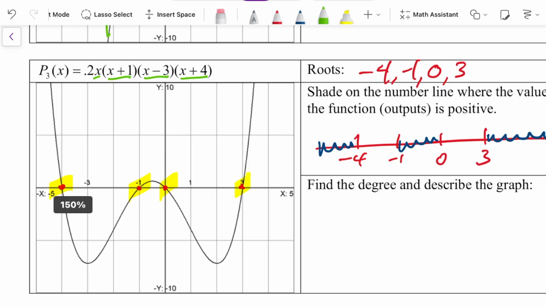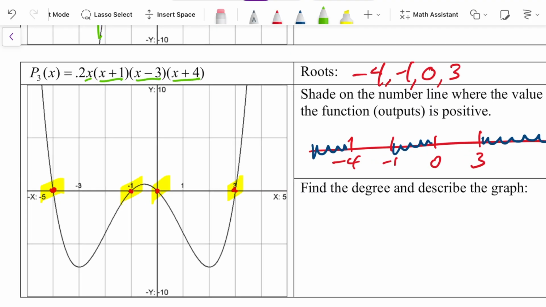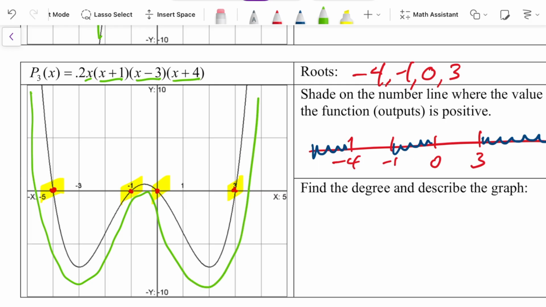The degree here, 4. We can count it 1, 2, 3, 4. The number of direction changes, down, down, and up.